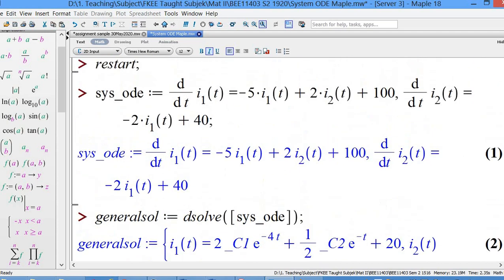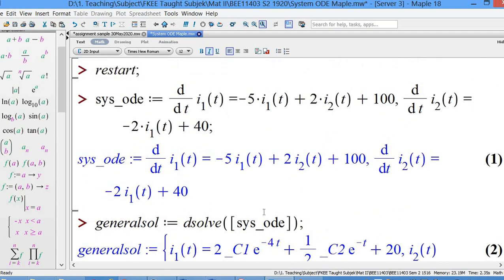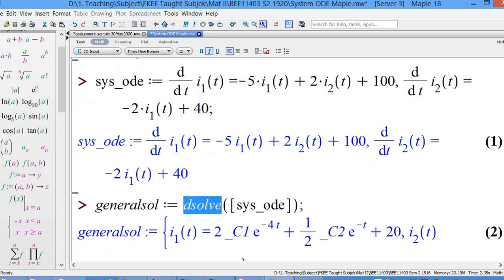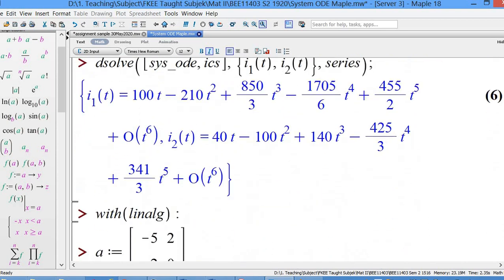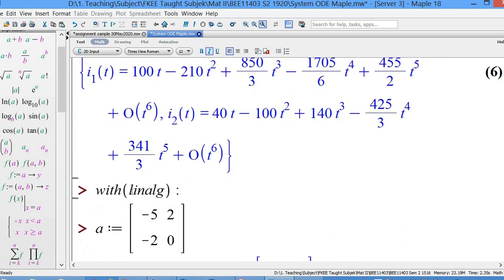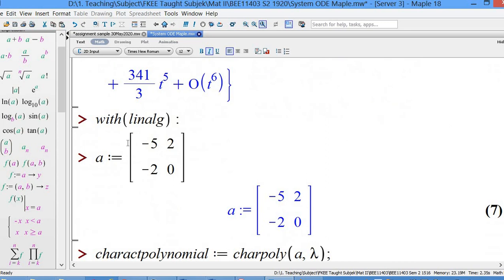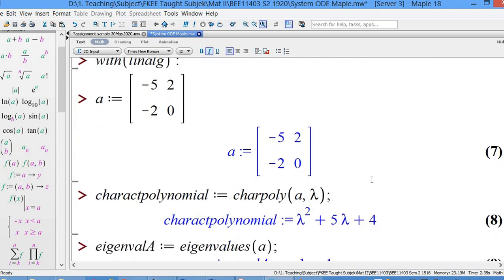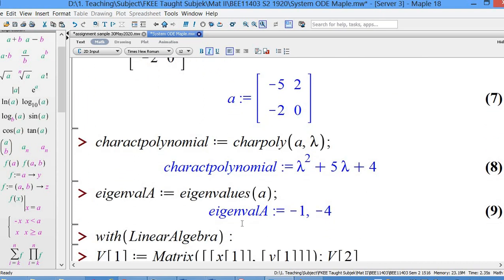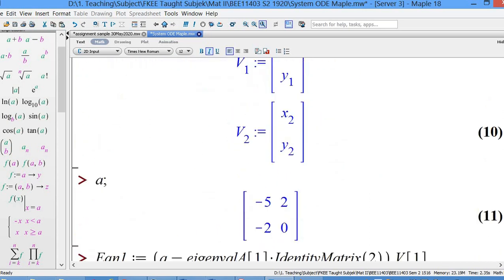So here I repeat, we have solved the system of ODE using the shortcut method, which uses the dsolve command, and manually using the linear algebra package, where you solve the homogeneous system by finding the eigenvalues and eigenvectors.